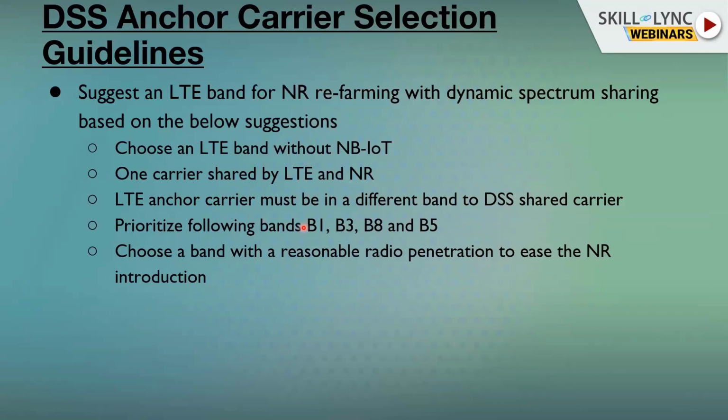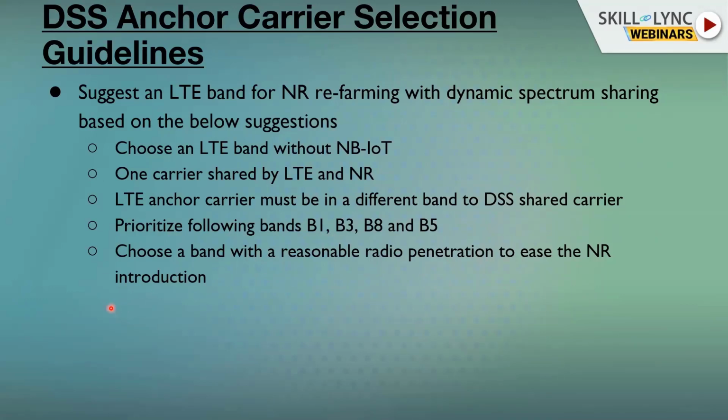Some of the anchor carrier guidelines are that the operator needs to suggest an LTE band for NR refarming with dynamic spectrum sharing based on the below suggestions. Choose an LTE band with narrowband IoT, one carrier shared by LTE and NR. The LTE anchor carrier must be in a different band, so you can't obviously use the same band for it. You also need to be able to prioritize the bands you have as options, and also choose a band with reasonable radio penetration.